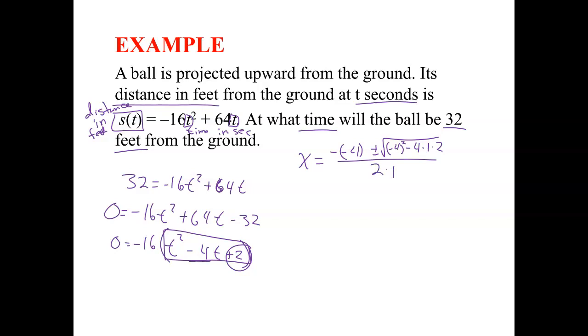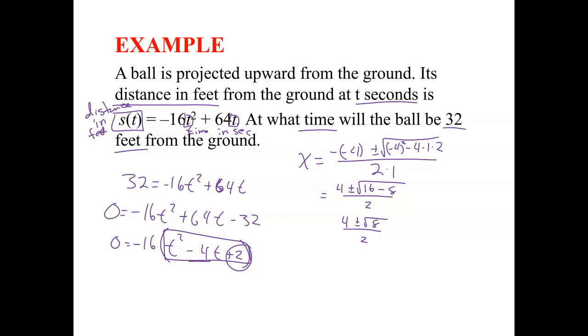Alright, all pretty easy numbers to deal with now by factoring out that GCF instead of going straight to the quadratic formula. So 4 plus or minus the square root of 16 minus 8, over 2. 4 plus or minus root 8 over 2. Alright, and since we're dealing with applications, rarely are we going to have just a simplified radical.